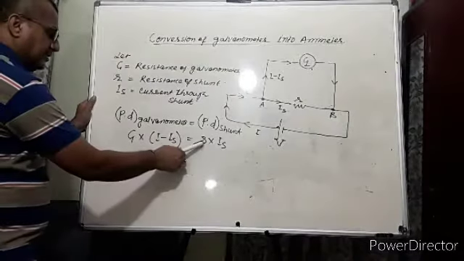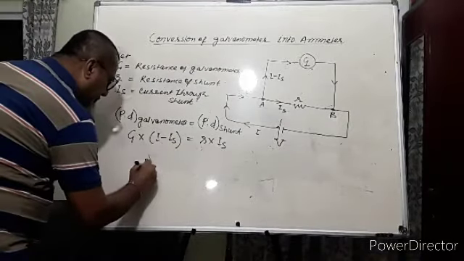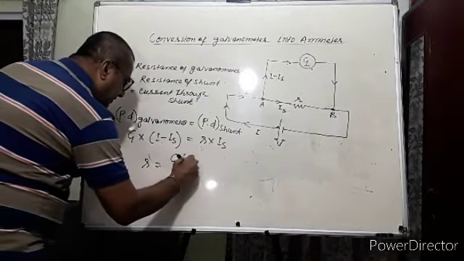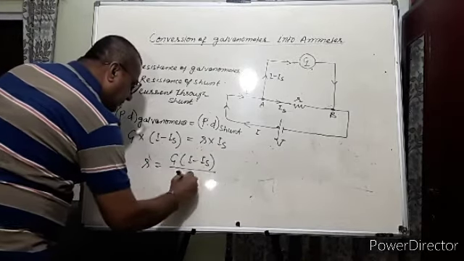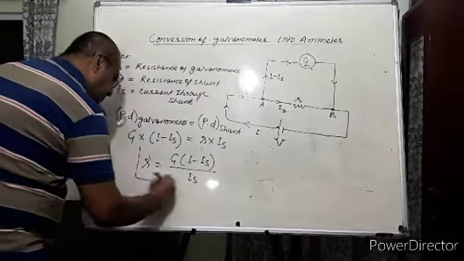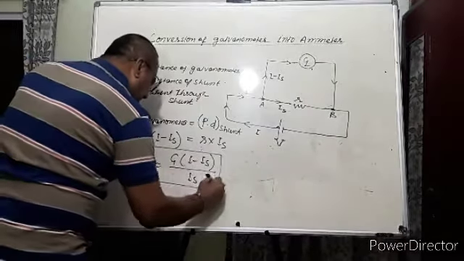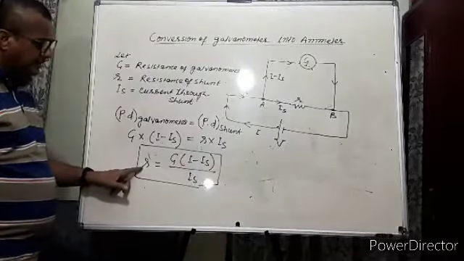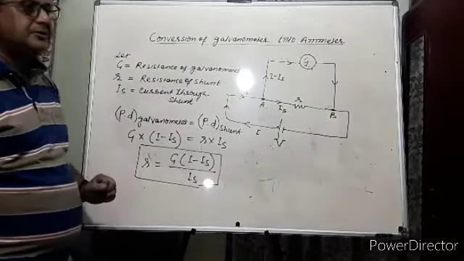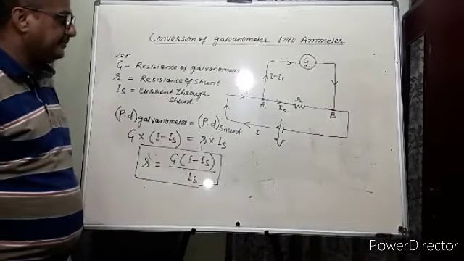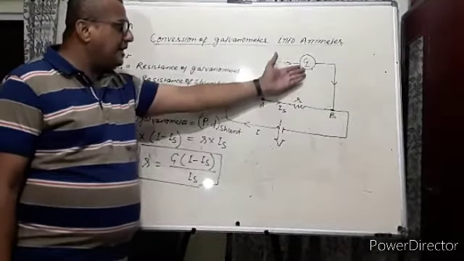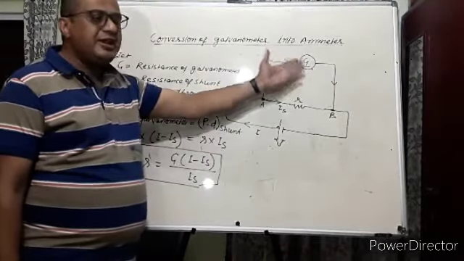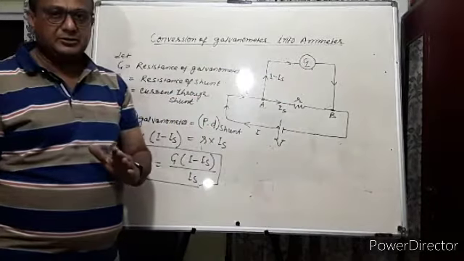Now we can calculate the value of the shunt: R is equal to G into I minus IS divided by IS. By using this formula, we can directly calculate the value of the shunt resistor. So by using this shunt, we can change any galvanometer into an ammeter.